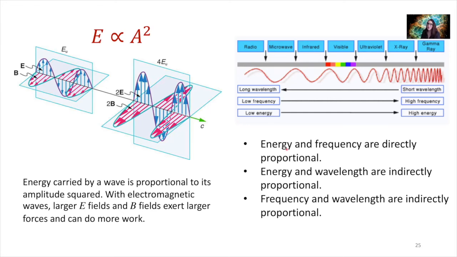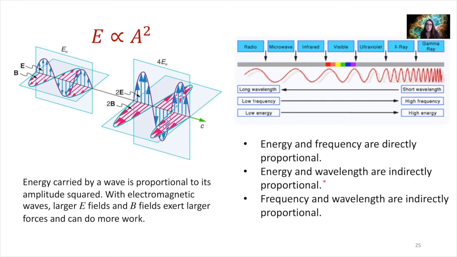Energy and frequency are also directly proportional to each other when we're thinking about light. The higher the frequency of your light, the higher the energy that part of the electromagnetic spectrum carries. Now, energy and wavelength are inversely proportional to each other. I should have said inversely instead of indirectly here.